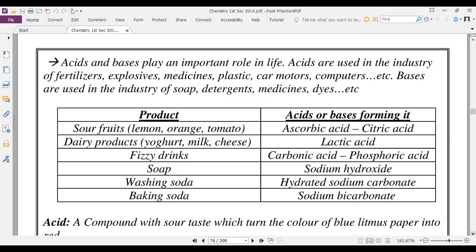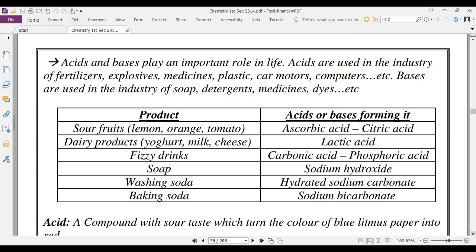Sour fruits such as lemon, orange, and tomato get their sourness from ascorbic acid or citric acid. Dairy products such as yogurt, milk, and cheese come from lactic acid. Fizzy drinks come from carbonic acid or phosphoric acid.